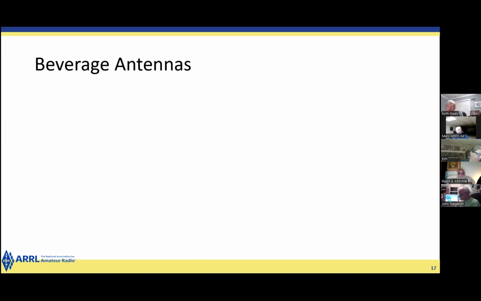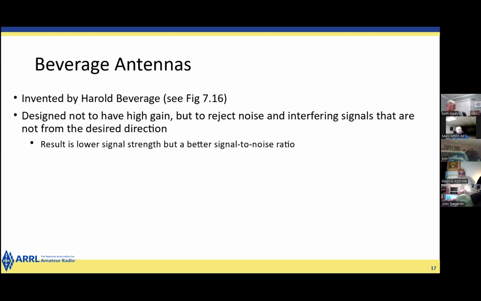Beverage antennas are used for receiving antennas. They were invented by a guy named Harold Beverage. They weren't designed to have high gain, but to reject noise and interfering signals that aren't from the desired direction. So you've got low signal strength, but a great signal to noise ratio.